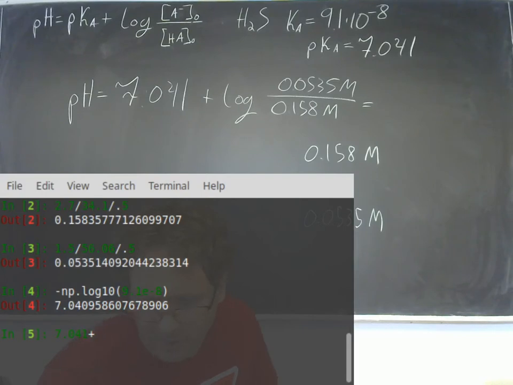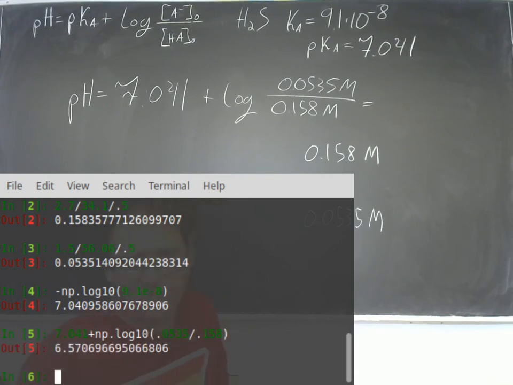So 7.041 plus the base 10 log of 0.0535 divided by 0.158. I get a pH of 6.57.